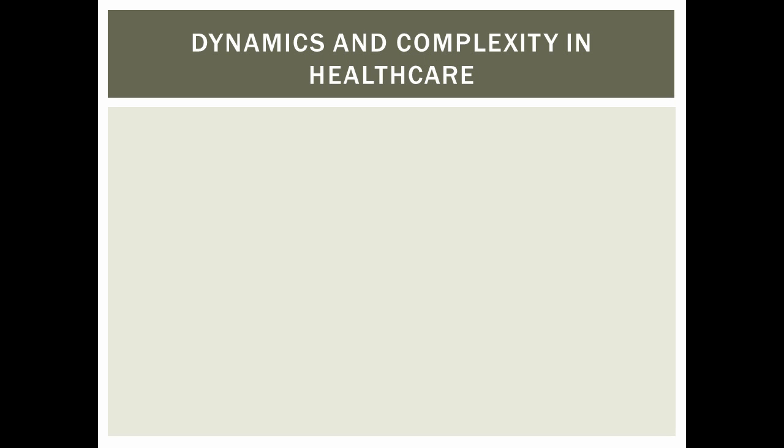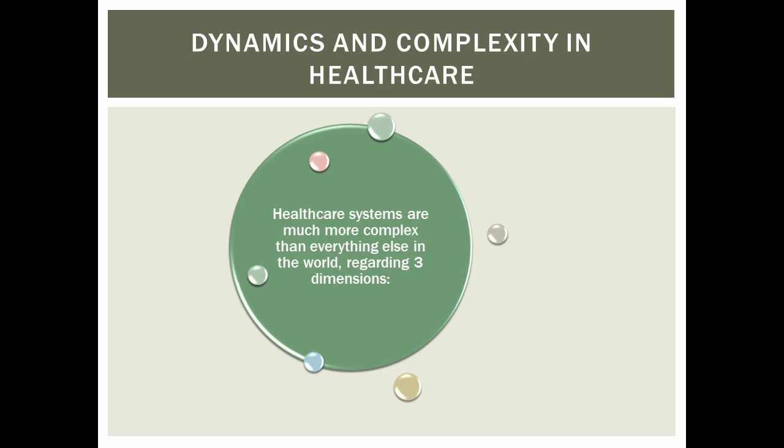In the previous sections, we tried to explain why healthcare information has a nature that is different from the nature of the information for any other industry of human society. So this difference brings a specific dynamics and a specific complexity in healthcare.